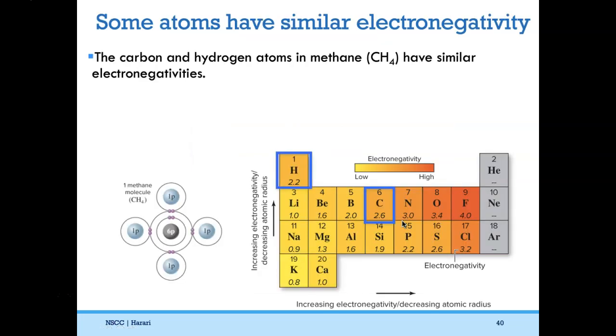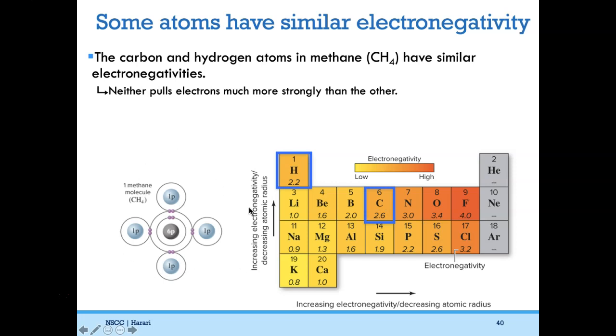So we said carbon and hydrogen in methane had very similar electronegativities. You don't have to know these values, but these are relative values of like 2.2 and 2.6. Since carbon and hydrogen don't have very big differences in electronegativity, neither atom will pull on electrons more strongly than the other in methane.